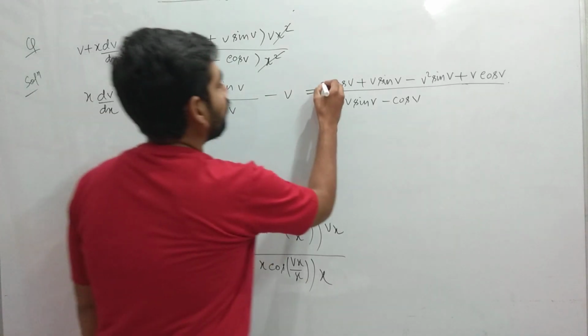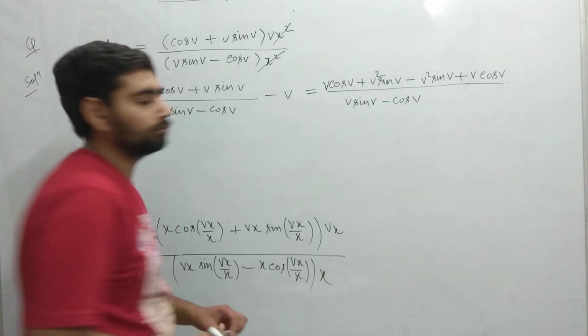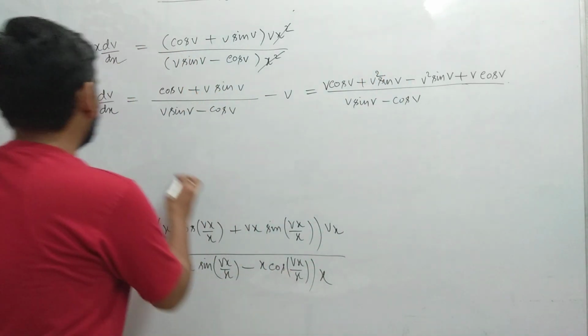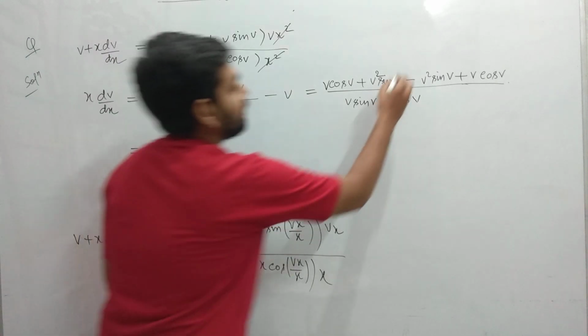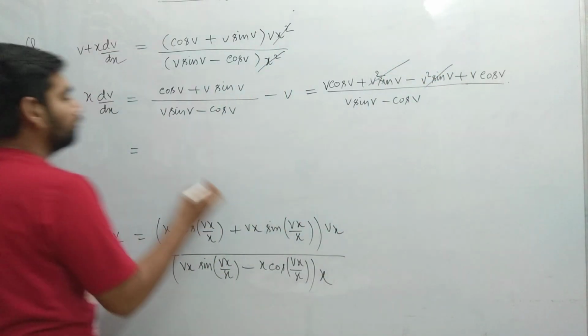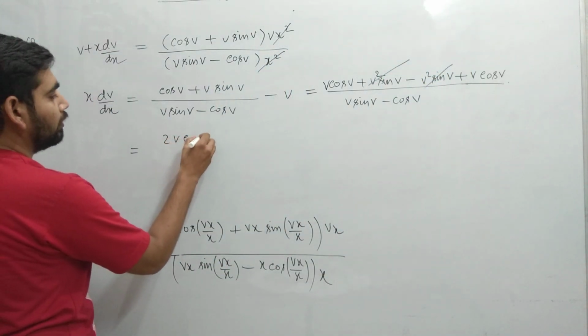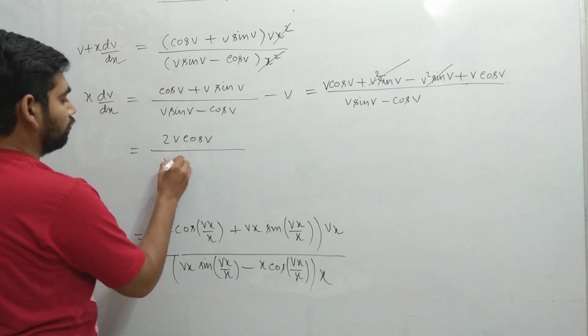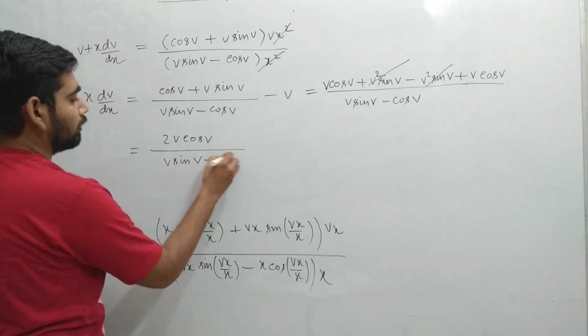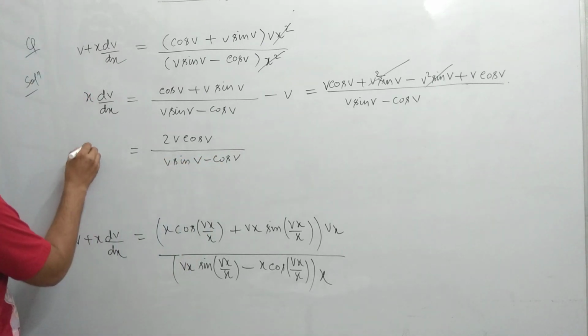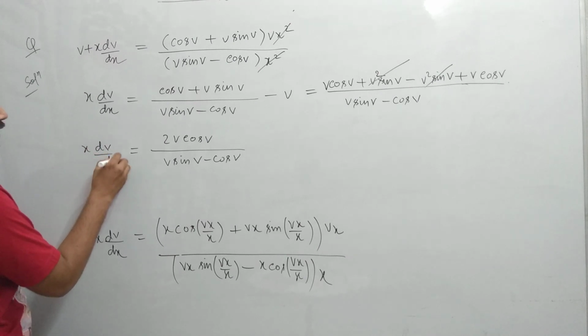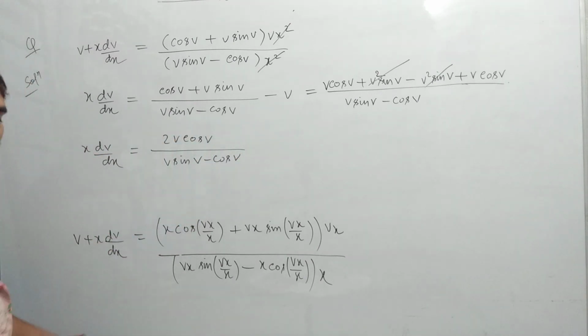Here it will be v cos v, v square sin v. So v square sin v will cancel out. You will get 2v cos v divided by v sin v minus cos v, and here x dv by dx. Here it is a function of v, so variables are separable now.